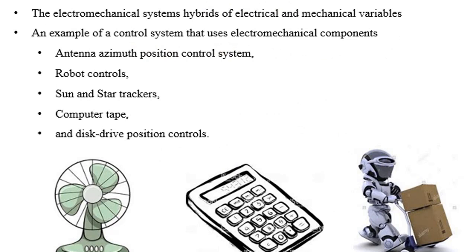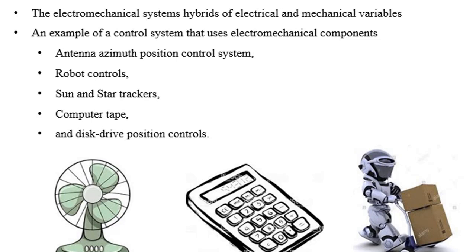Dear students, our next topic is electromechanical systems. These are hybrid systems and made up of electrical and mechanical systems. In these systems, either we have electrical input, mechanical output, or mechanical input, electrical output.